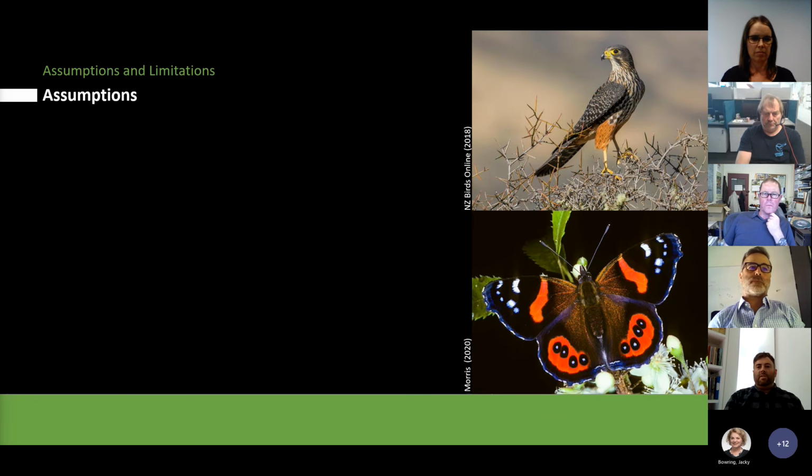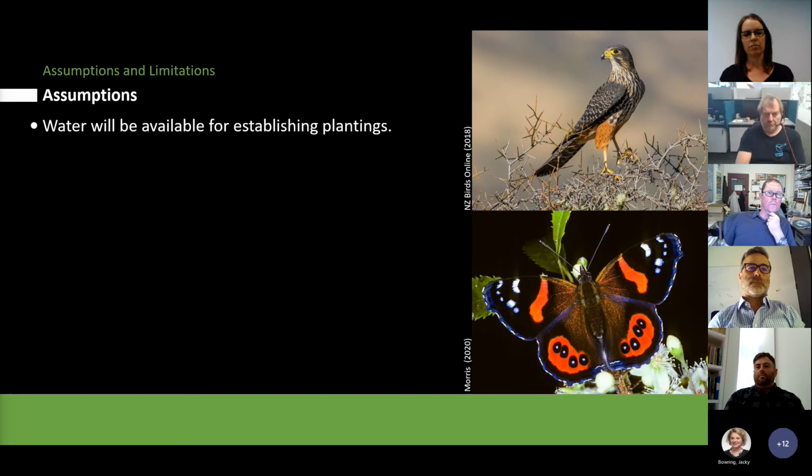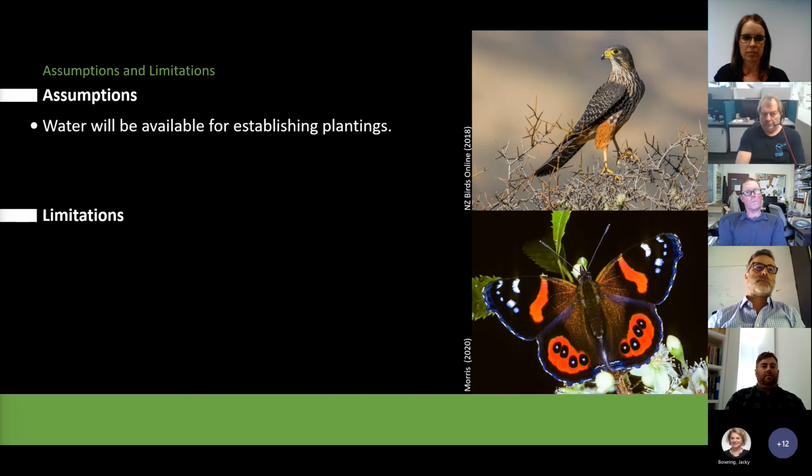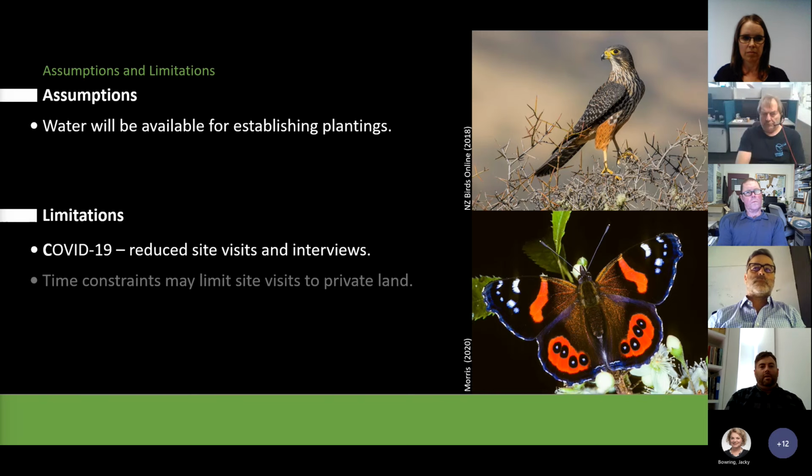So just move on to some assumptions. Due to the limited amount of time, we're just going to assume that there'll be water available for establishing plantings. That's something that can be looked at in the future. And some of the limitations: time constraints may limit site visits to private land. So I originally had visits to Te Ara Kakariki green dots on both public and private land.